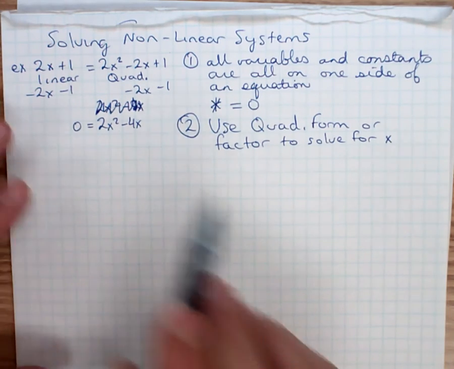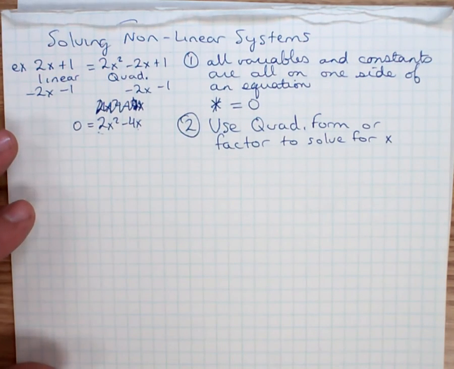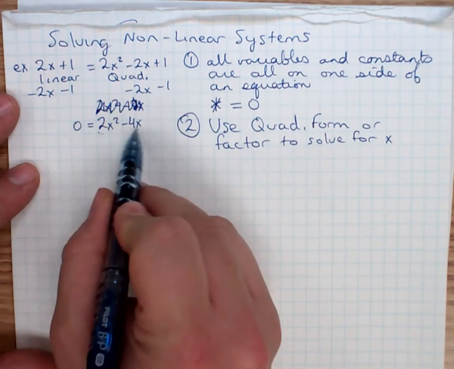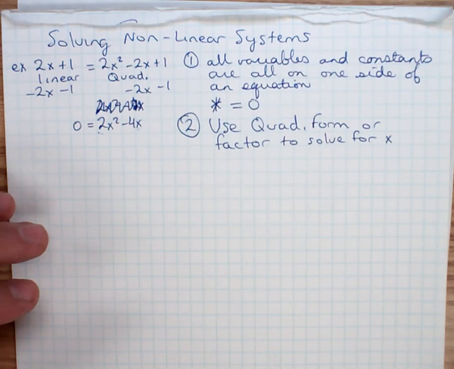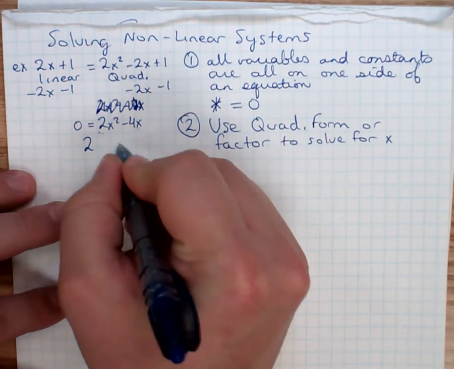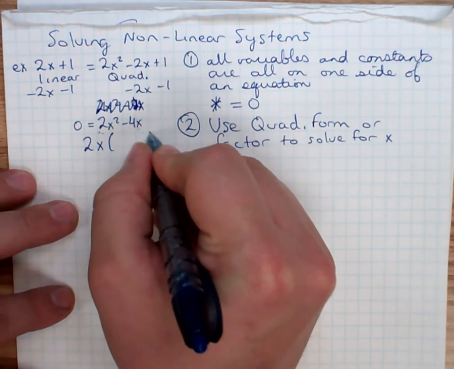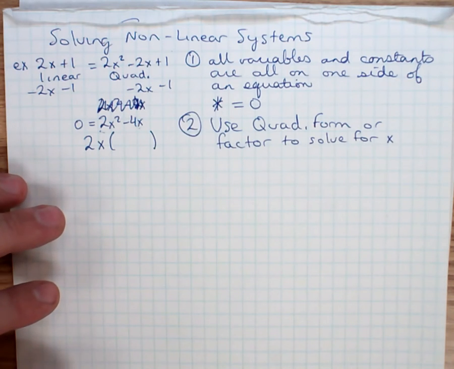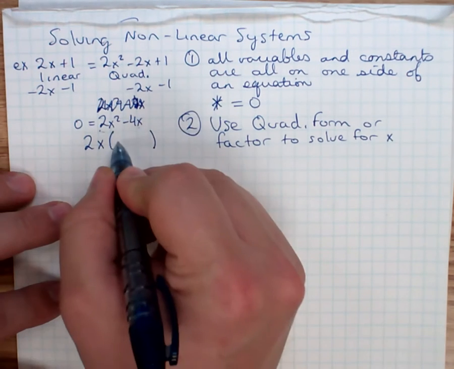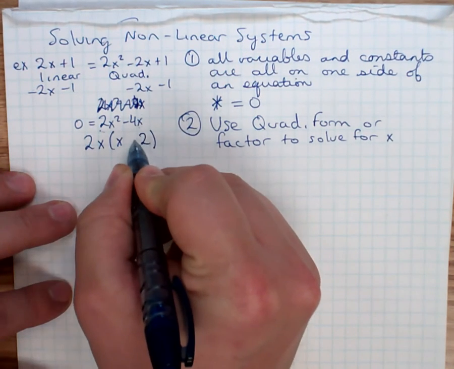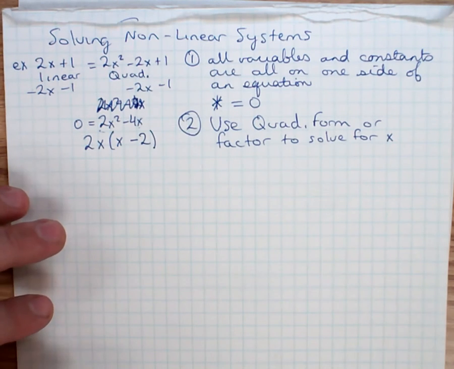All right, so this is an example of that, and this is pretty easy factoring. This is from Math 1. What do these both share? 2 and an x. So left inside my parentheses is what? Yep, x and negative 2.